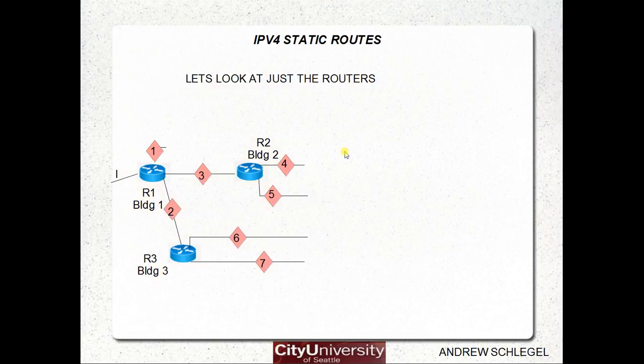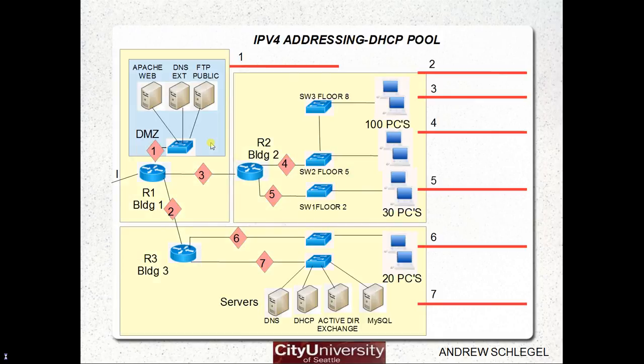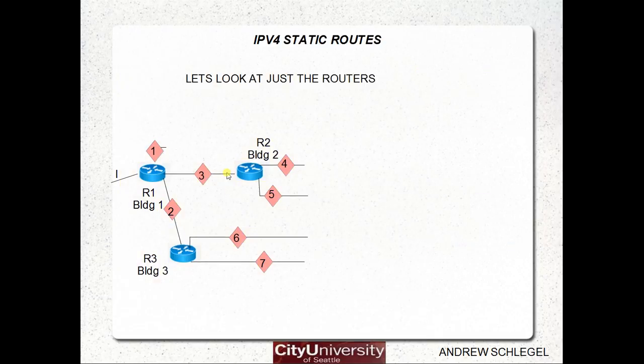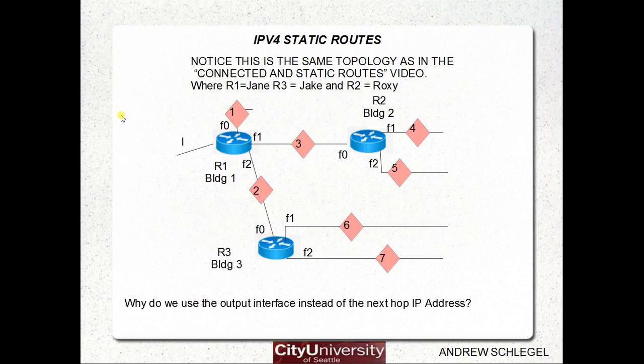Okay, so let's just quickly take a look at the routers only. So we pulled the routers out of, if you go back here, we pulled these routers out, and we're just looking at the routers. Actually, if I stretch this R3 up here, notice this is the same topology as in the connected and static routes video.